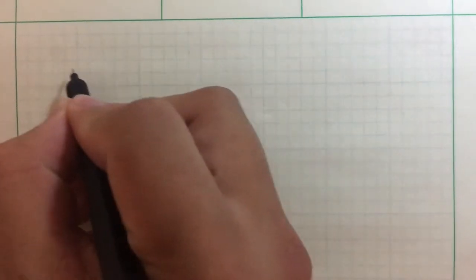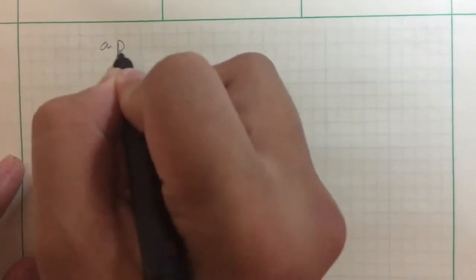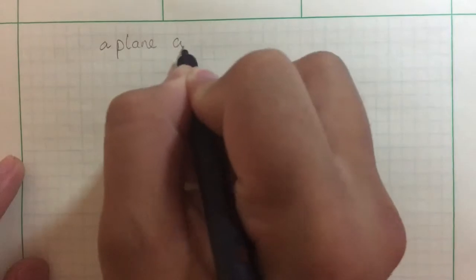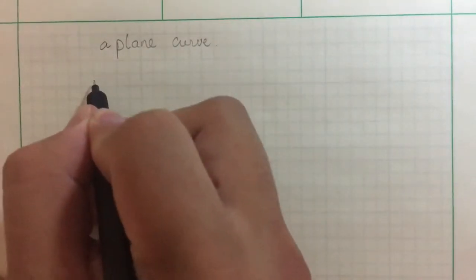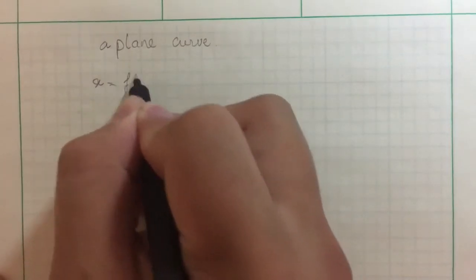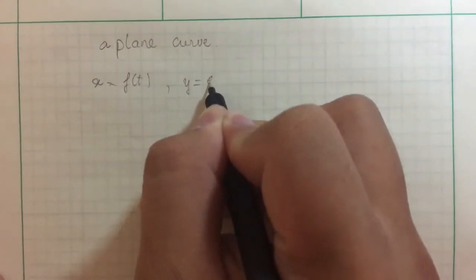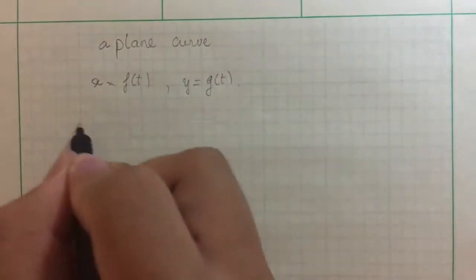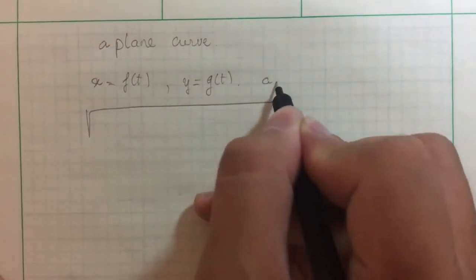We define the length of a plane curve with parametric equations x equal f of t, y equal g of t, from a to b.